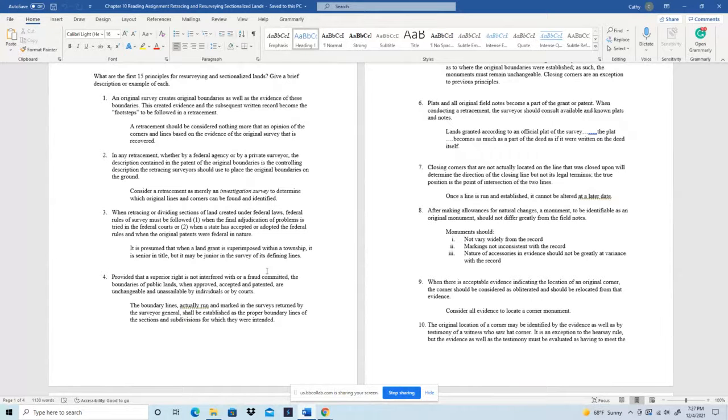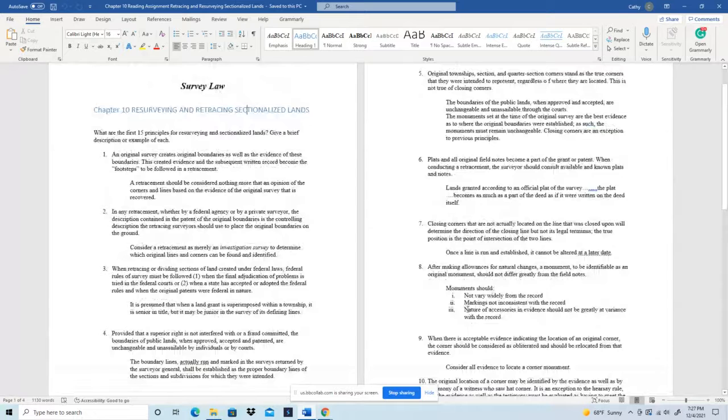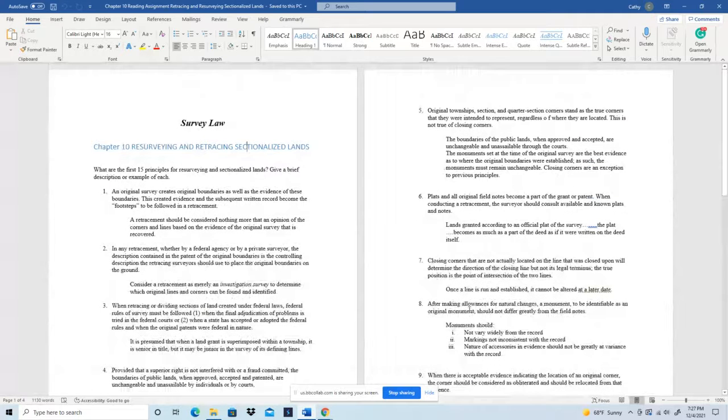So the boundary lines actually run and marked by the surveyor, returned by the surveyor, shall be established as the proper boundary lines of the sections and subdivisions which it's intended, meaning it's set in place, no changing. Okay.